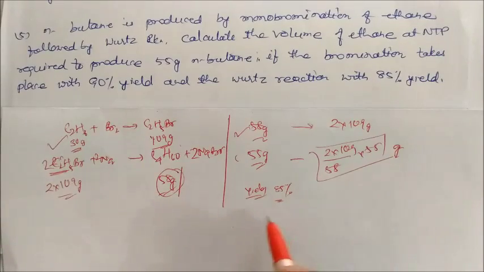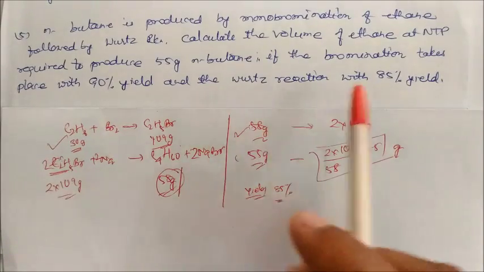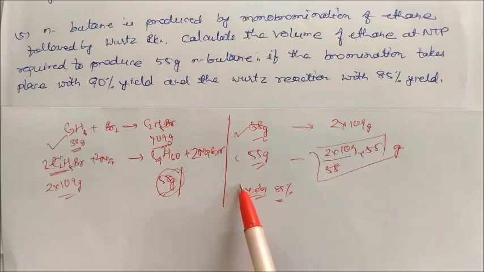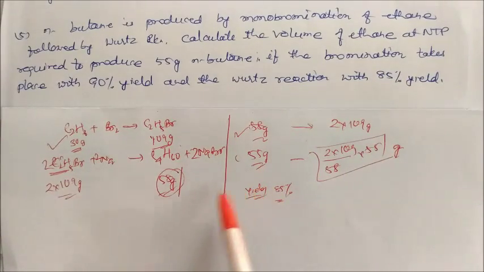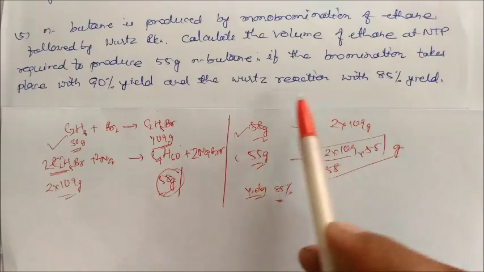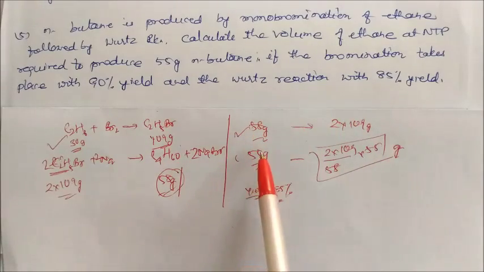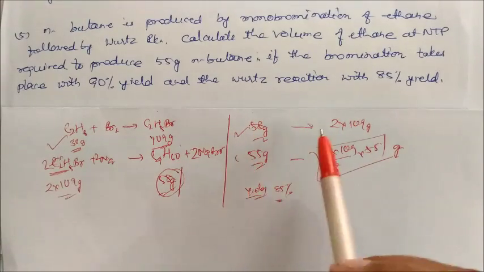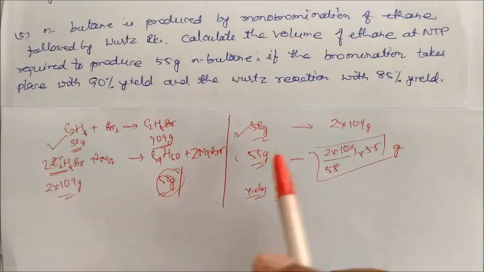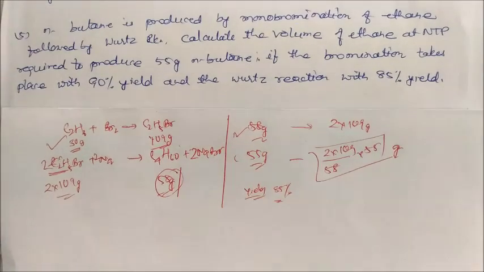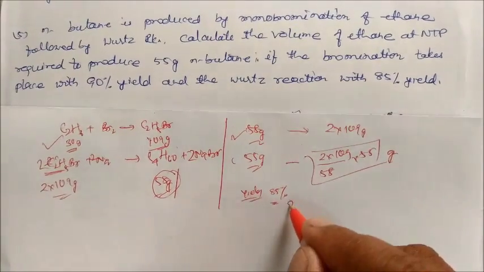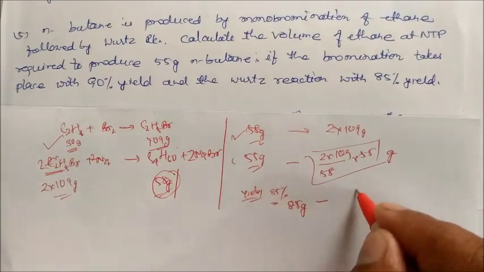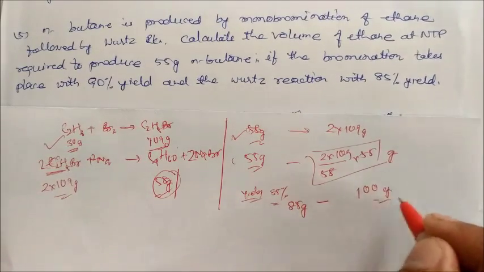So if you take 100 gram of ethyl bromide, then you are getting 85. So for 85 gram of ethyl bromide we require 100 gram.